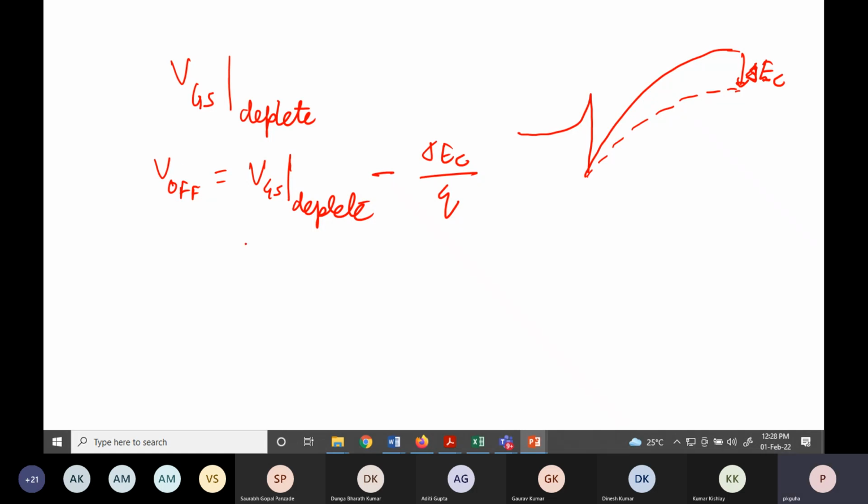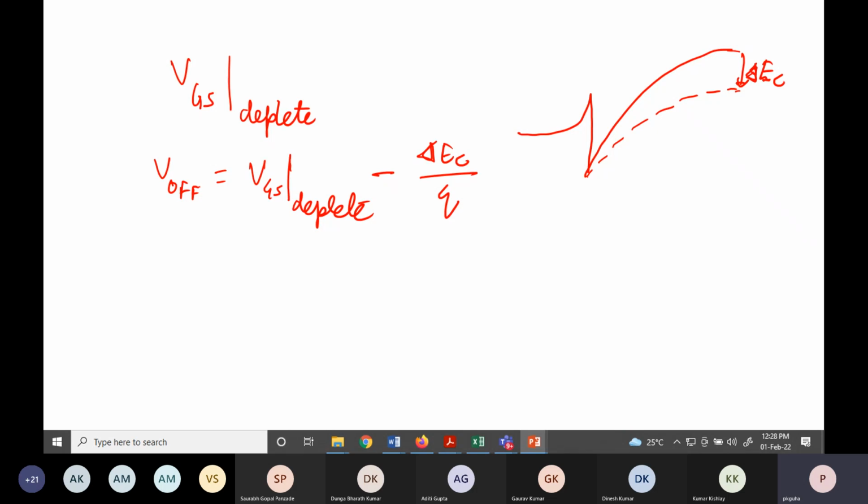So for finding V off, it is basically VGS deplete plus additional voltage we have to apply from the gate side to reduce the band bending by delta EC by Q. Is that clear?